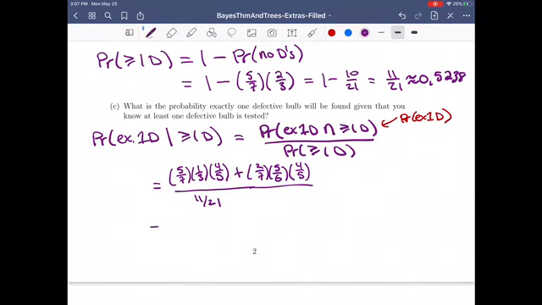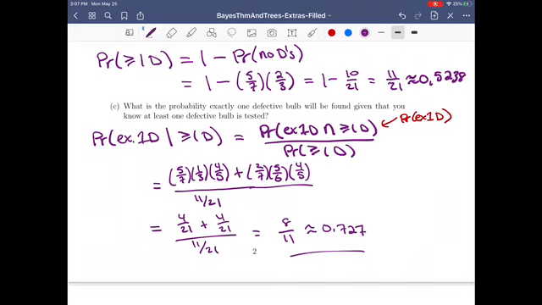So both of these on the top actually are 4/21. And we know the bottom is 11/21. So you end up with 8/11, which is approximately 0.727. Now I'm just going to highlight these 2, which are the 2 yellow paths up above, so that we know for later.